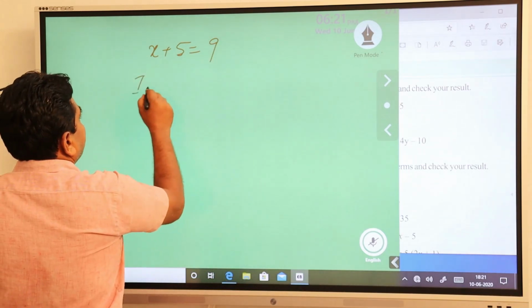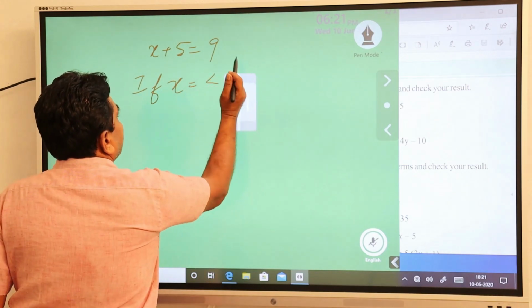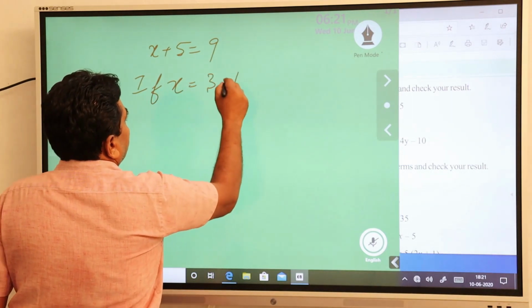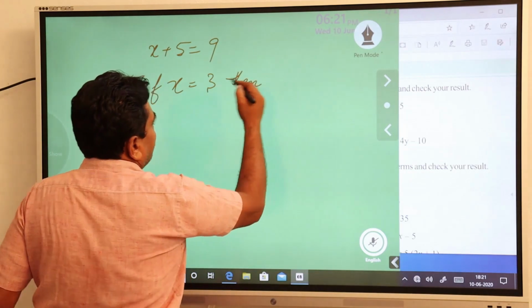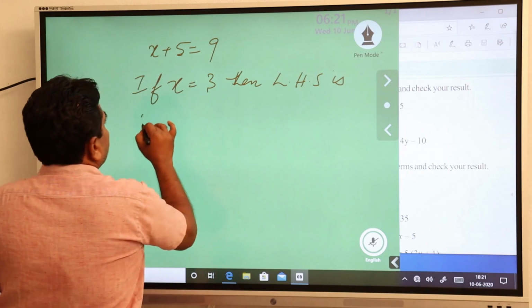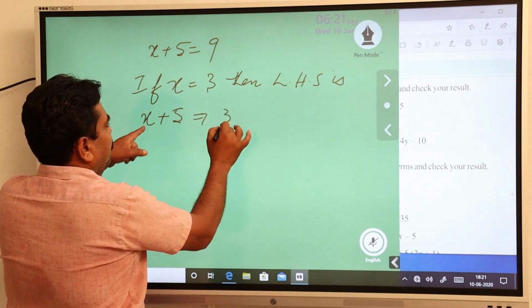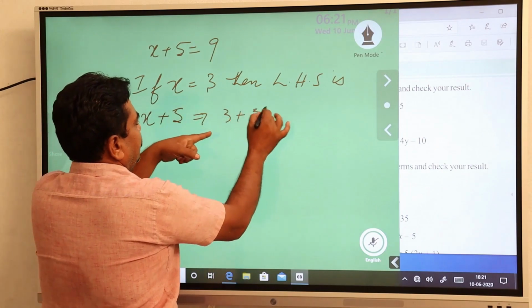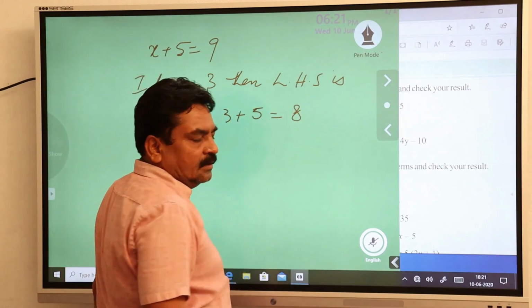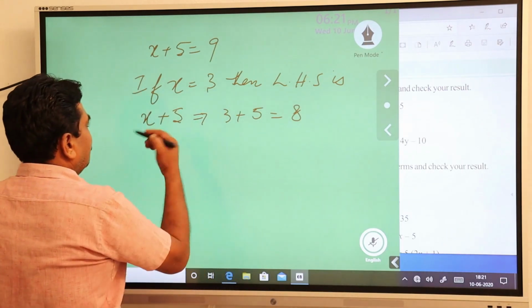If, for example, x is equal to 3, then what is LHS? x plus 5, which is equal to, in place of x you write 3 plus 5, which gives you 8, which is not equal to its RHS. So take another value.